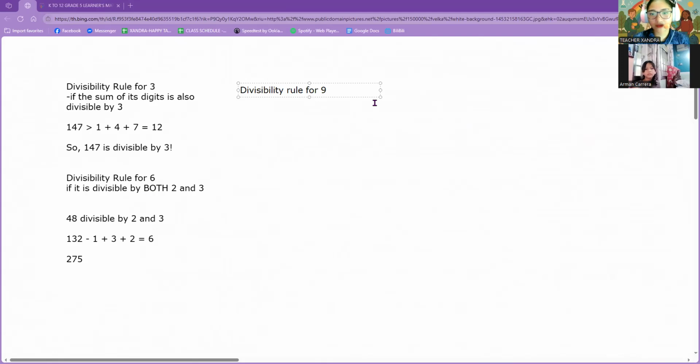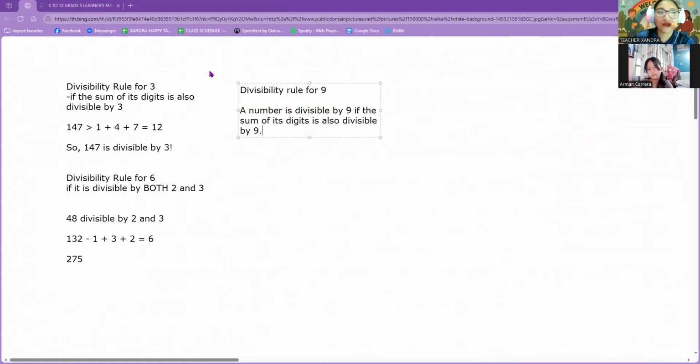Divisibility rule for 9. A number is divisible by 9 if the sum of its digits is also divisible by 9.